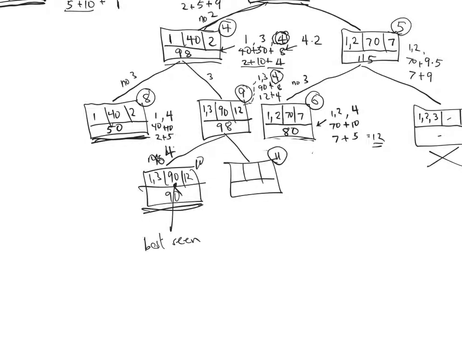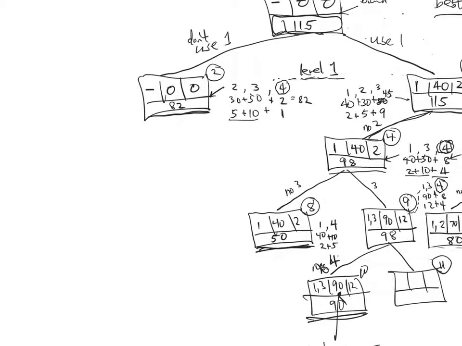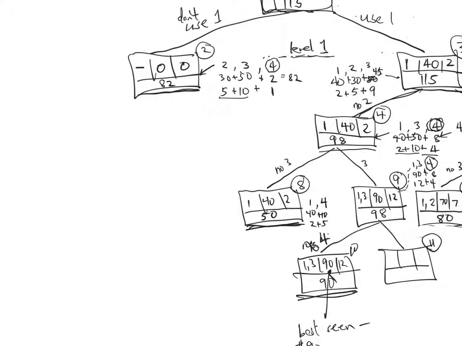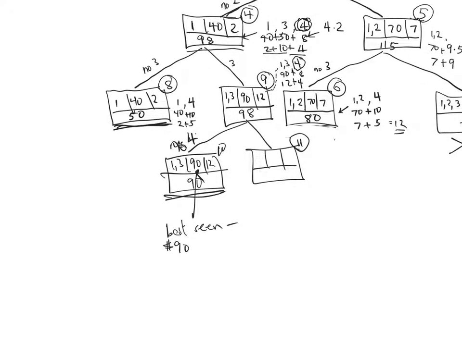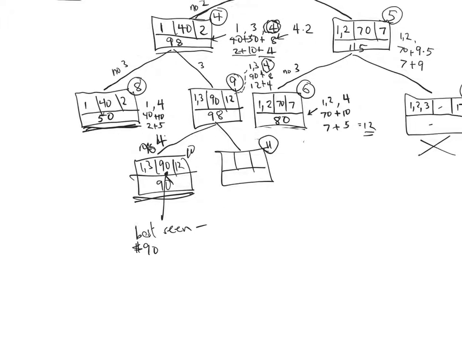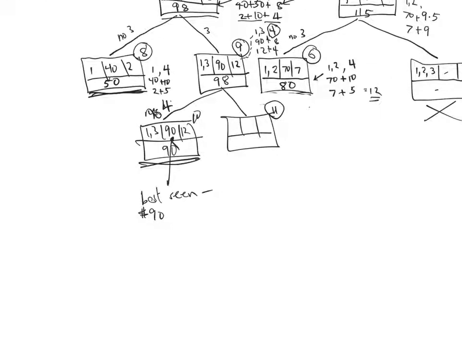This is the best we've seen, and we can make 90 bucks. So what that means, just to look ahead a little, is that we'll never pursue this node with the 82, or this node with the 50, or this node with the 80. So basically we're done.